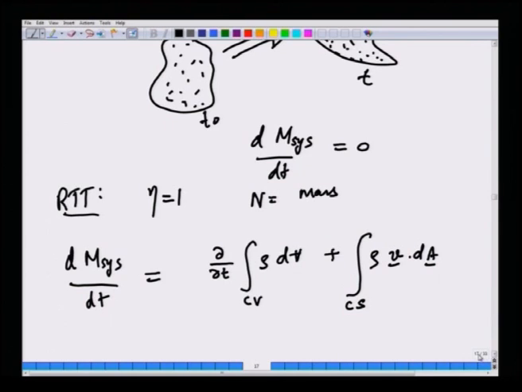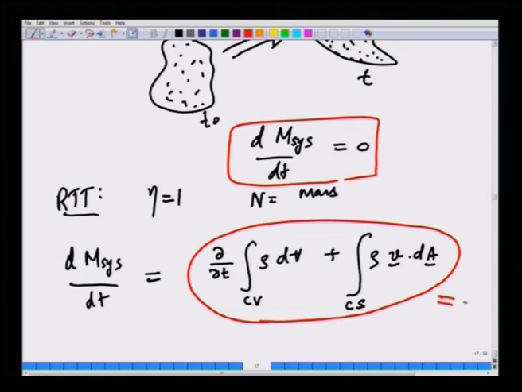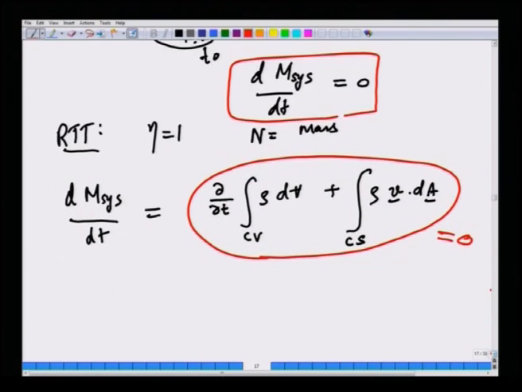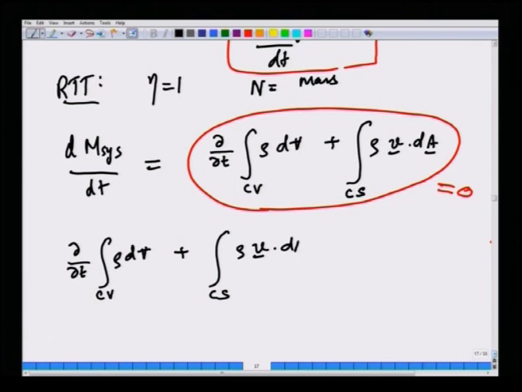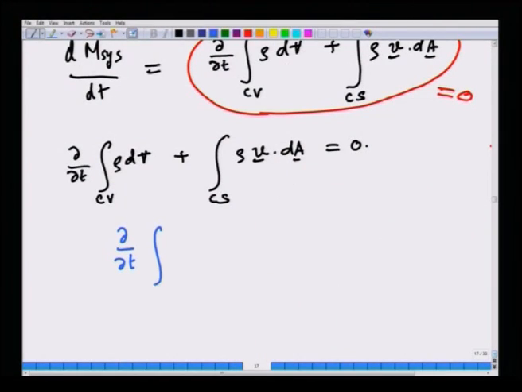But the law of conservation of mass says that this entire quantity must be 0. So, we have d/dt of integral over CV of rho dV plus integral over CS of rho V dot dA to be 0. We can rewrite this slightly differently, by taking this to the other side.